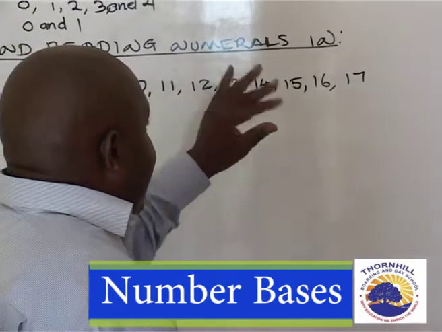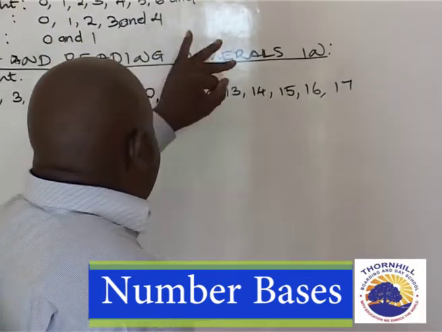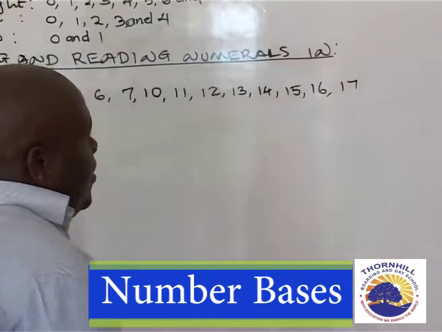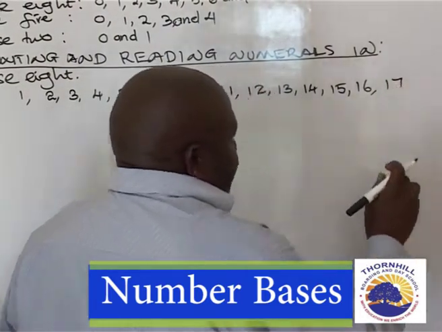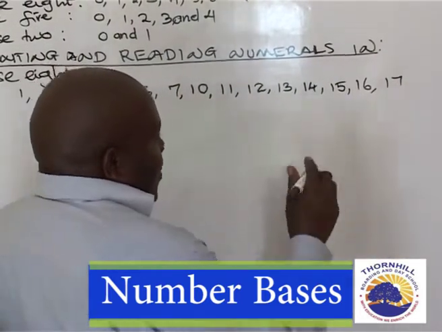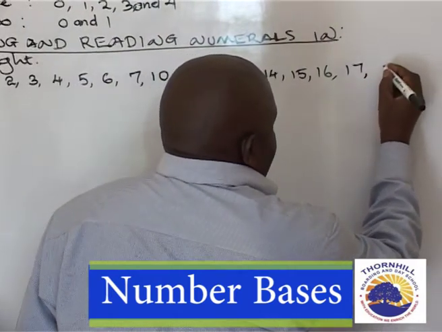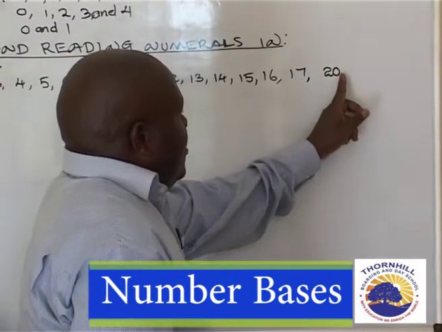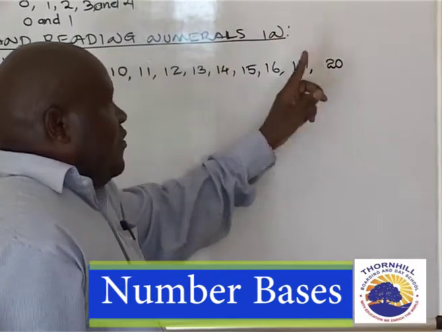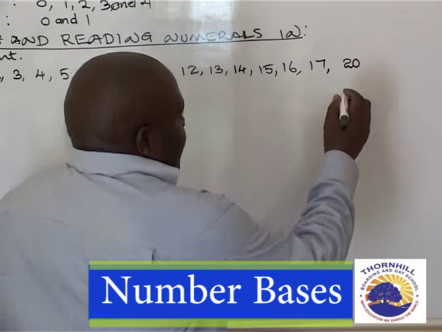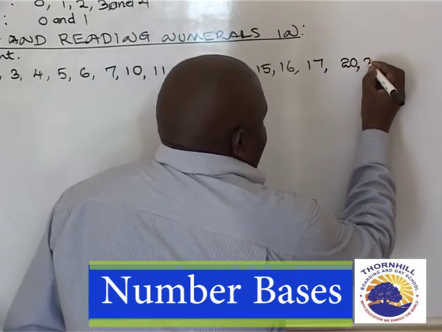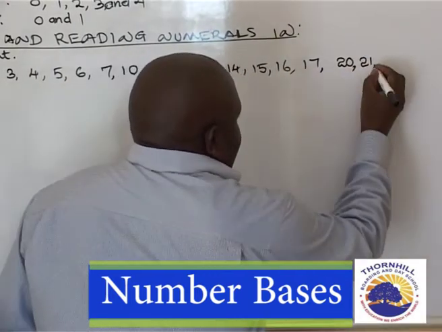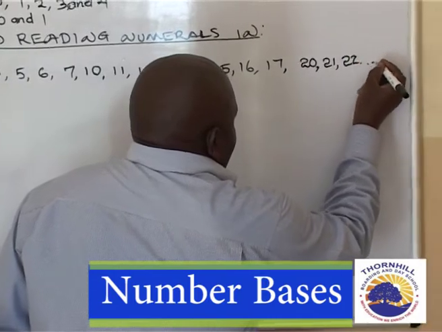We said the highest digit in base 8 is a 7. So when we have an 8, it forms a set or a group. The next one will be 2, 0, which means 0 ones and 2 groups of 8. Now the next one will be 2, 1, and then 2, 2, and so on.